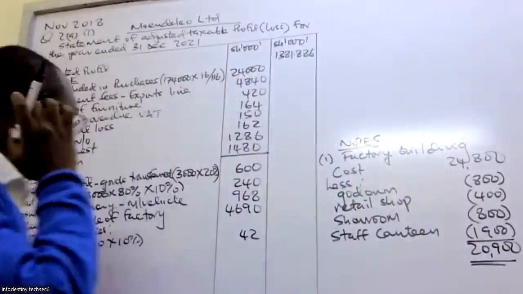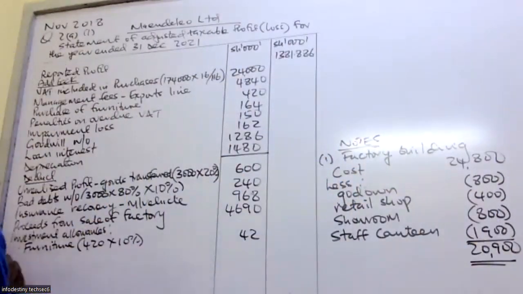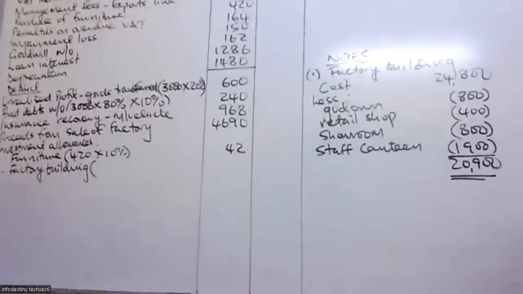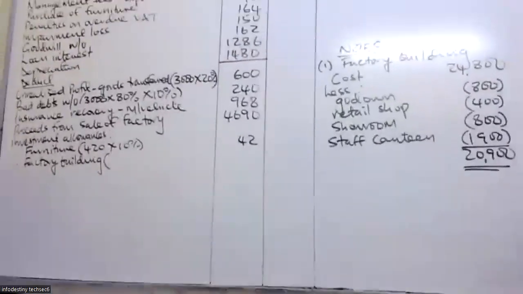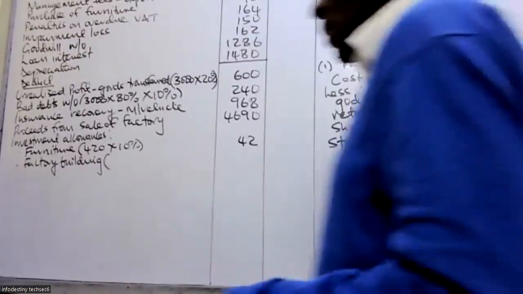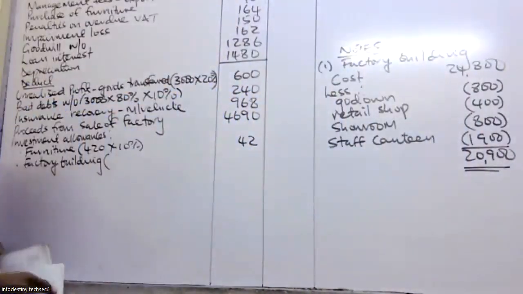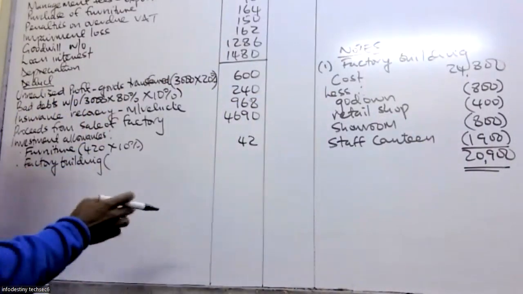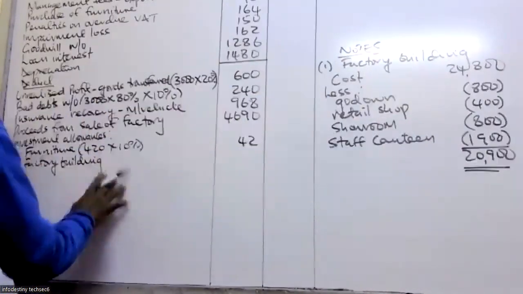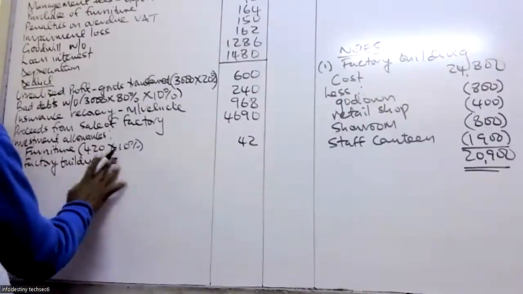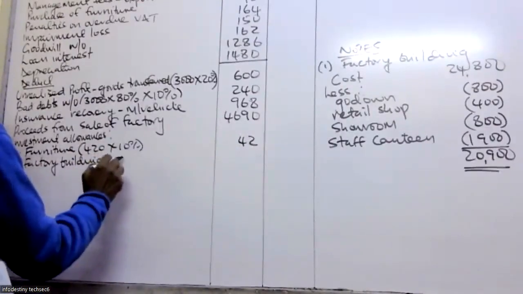Now, 2,900, we want the residual. So we start with the factory building here. Last year, they claimed 50%. So what is left is 50% of 2,900, which is how much? 1,450. So the rate of building investment allowance is 50%. So 50% of 2,900 is 1,450. So 1,450 is the amount left from last year.